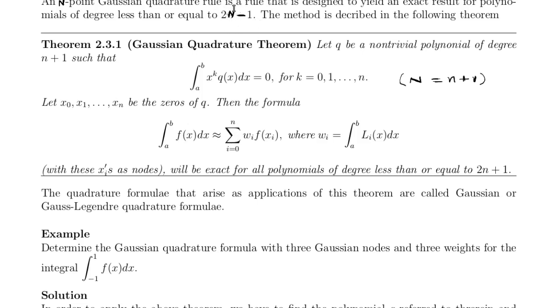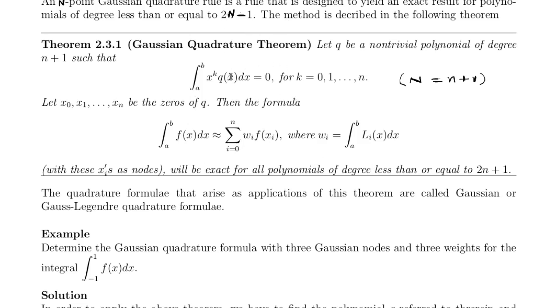So capital N is used in such a way that whatever the degree of your polynomial is, that will be your capital N. Capital N in this case is n plus 1, which is the degree of the polynomial that we use in this theorem, and whose roots are what we want, because the roots of this polynomial will be the optimal positions of the quadrature nodes to achieve this optimal degree of precision.